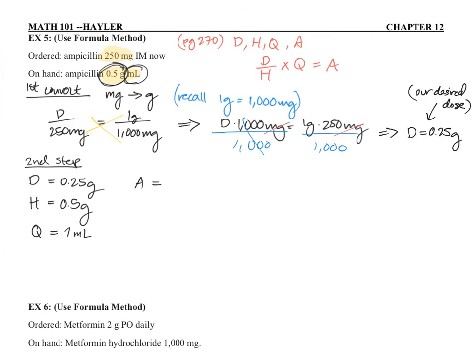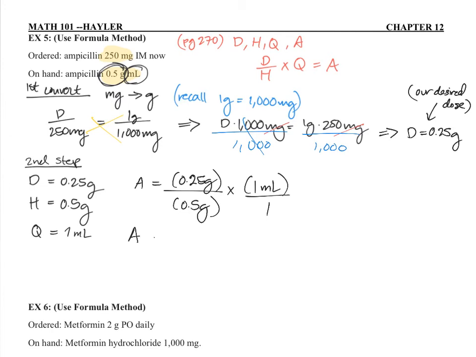So A equals D divided by H, so it's going to be 0.25 grams divided by my H value. Once again, I got this formula from page 270. And we're multiplying that by our dosage unit, 1 milliliter. We can put that over 1.